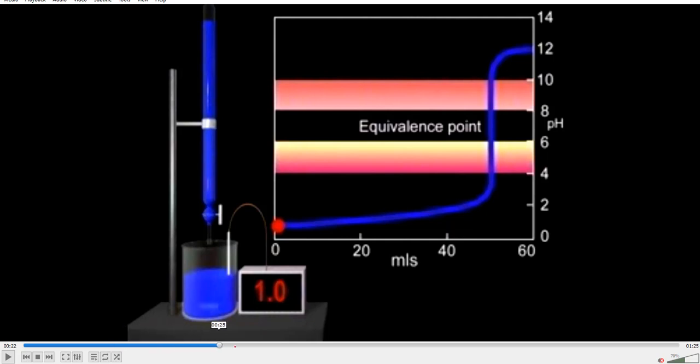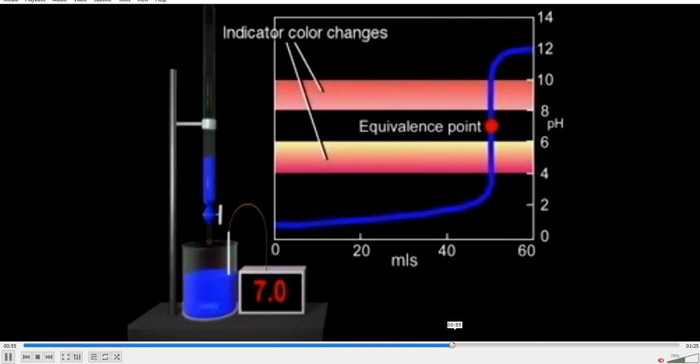Now, having performed this experiment, I'm just going to fast forward again. We know how many mils of the known base was added in. In this case, about 50 mils of the known base was added in. So that's how much known base was added in.